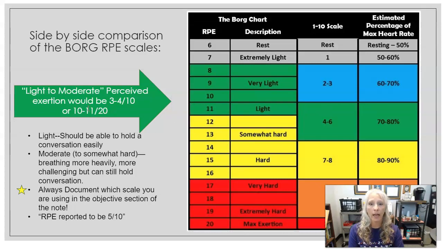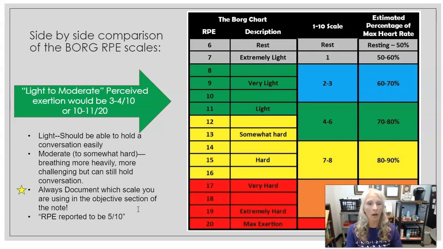So we'd be looking at 11 to 12, or I'm sorry, 10 to 11 on the original Borg, and we'd be looking at 3 to 4 right in the same area for the 1 to 10. So light is when a person should be able to hold a conversation easily while they're doing what they're doing. Moderate to somewhat hard means that they're breathing more heavily, but they can still hold a conversation.